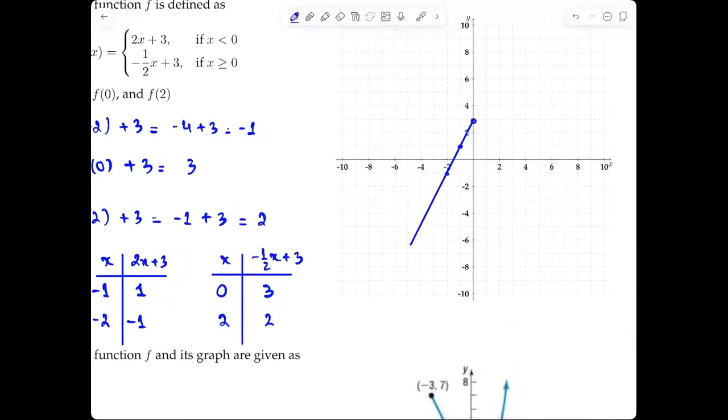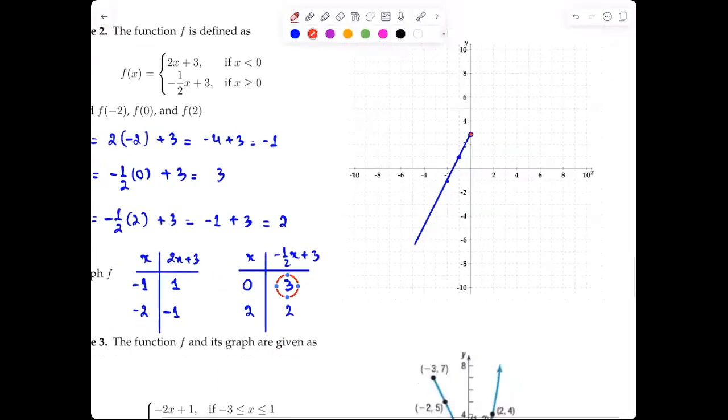So open circle here, and this open circle gets closed by this. 0, 3 is one point, 2, 2 is another point. All right, so that's the graph. This is the piecewise.